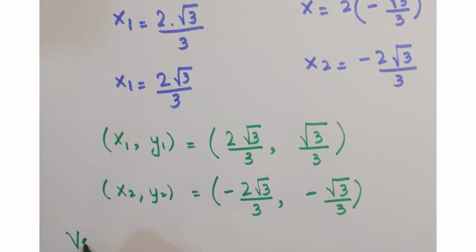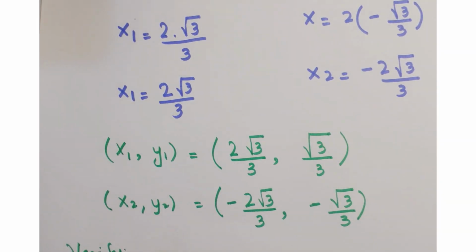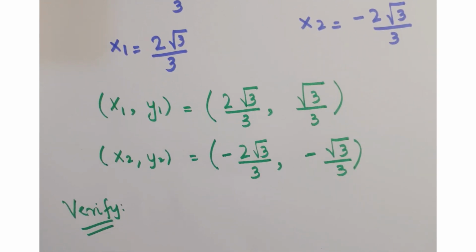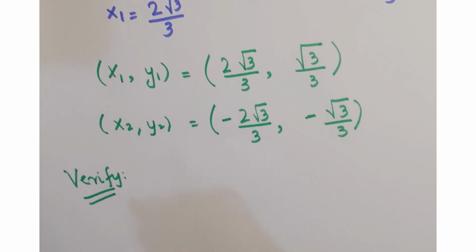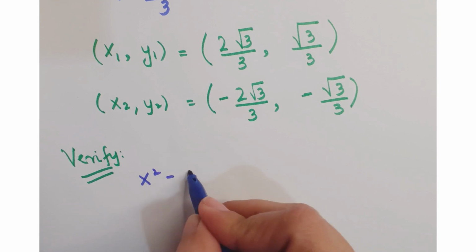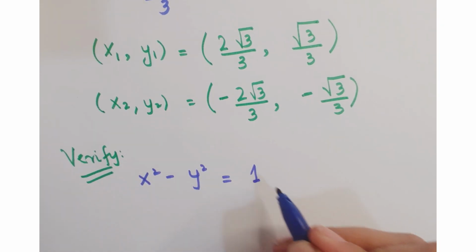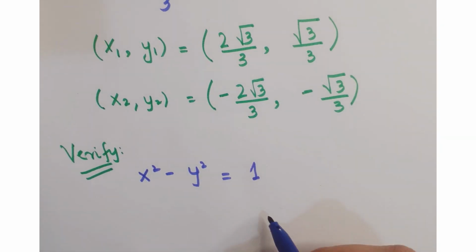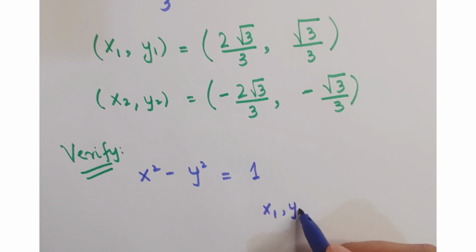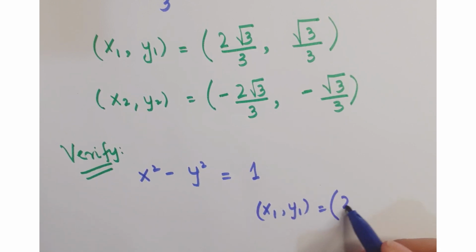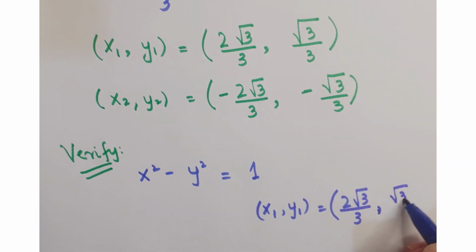Now let's verify whether our solutions are correct or incorrect. Putting the values in the main equation, that is x square minus y square is equals to 1. Checking for x1, y1, that is 2 under root 3 upon 3, under root 3 upon 3.